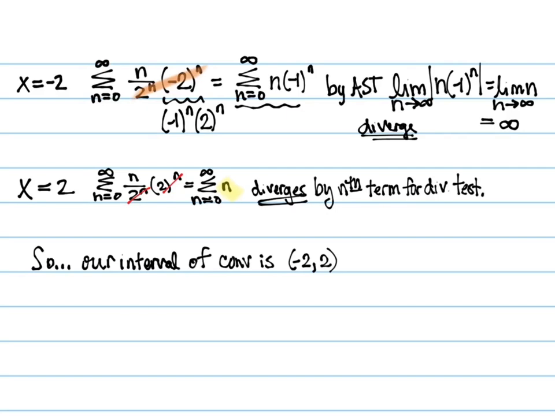But if it were the alternating part from part A, times 1 over n, that would converge. So you can end up with an open interval on one side and a closed interval on the other side, or they could both be closed. All three possibilities are there: completely open, which is what we just got, completely closed, or half open, half closed. So you really do have to check both endpoints.